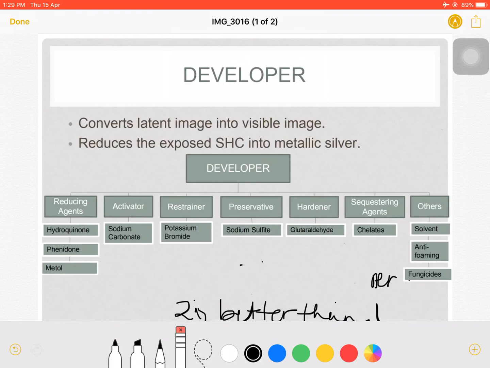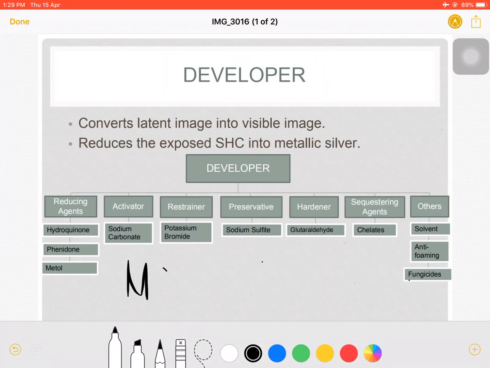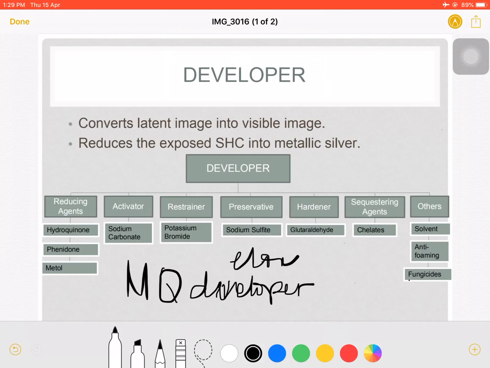So, ang superadditivity or synergism ng ating manual processing, pinagsama ang ating methyl and hydroquinone components. Or ito yung tinatawag na MQ developer. MQ developer is used for manual processing. Okay? So, kung walang methyl hydroquinone, pwede rin siya maging elon hydroquinone developer.